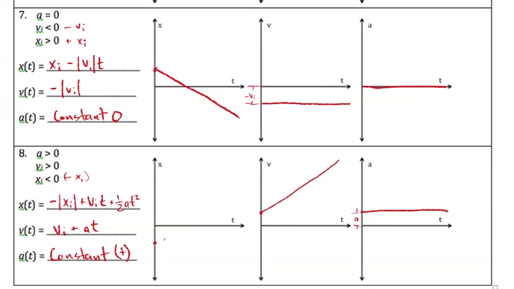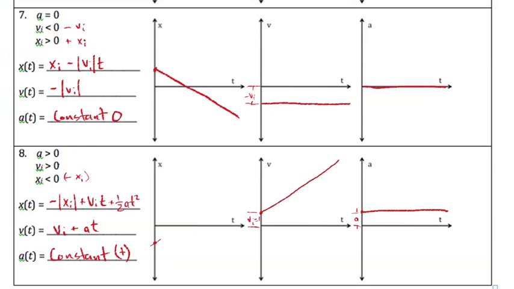So what's our initial velocity? I don't know, something greater than 0, so let's call it 1. Vi equals 1. So that means our starting slope is going to be 1.